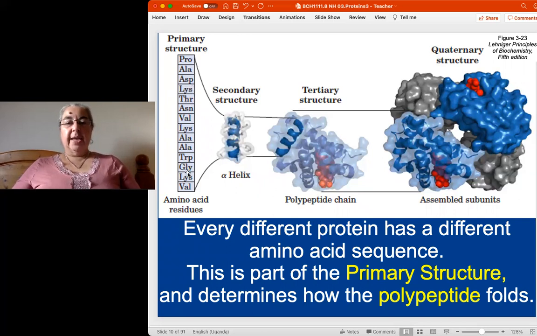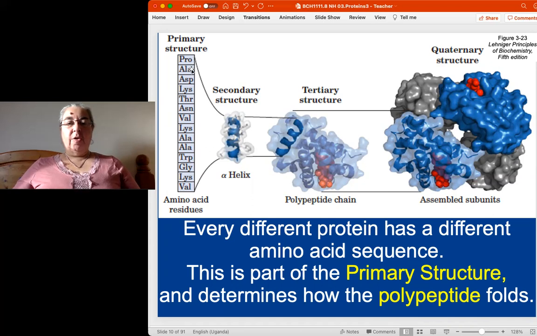So here we see an amino acid sequence: proline, alanine, asparagine, lysine, threonine, and so on. Amino acid residues join together by peptide bonds into a polypeptide. So this is the primary structure, or part of the primary structure of the protein, the sequence of amino acids within that chain.